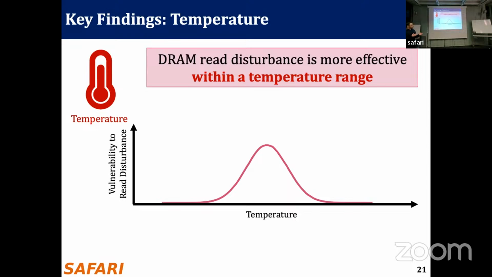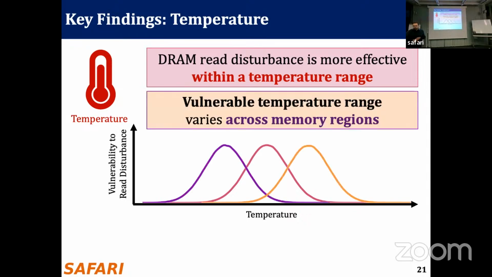We observe that as temperature increases, the vulnerability of a DRAM cell first increases and then decreases after some temperature. So DRAM read disturbance is more effective within a bounded temperature range, and this range can be different across different DRAM cells.